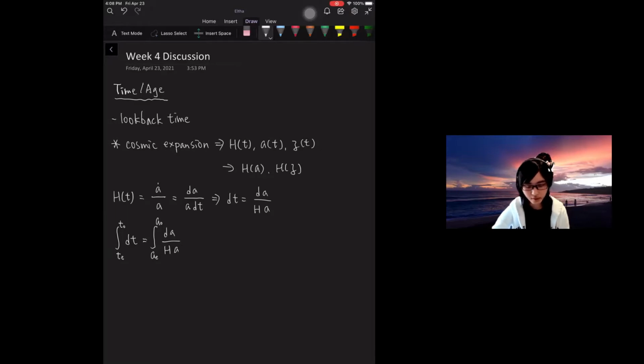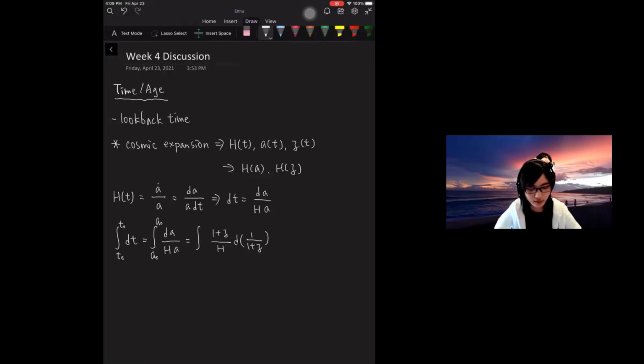And we can also express this integral in terms of the redshift z. We know that the relation between a and z is a equals 1 over 1 plus z, right? So this integral is 1 plus z over H, and dA is what we get when we convert a into 1 over 1 plus z, right? And again, the limit of the integral.